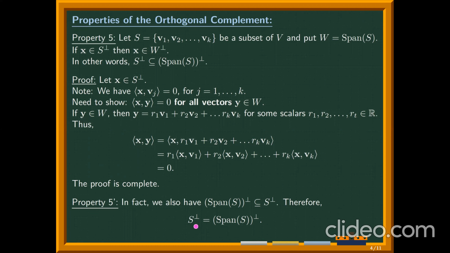A basis is better because it has finitely many elements. So instead of computing inner products with infinitely many vectors, we can just reduce the problem to the computation of inner products with finitely many vectors.